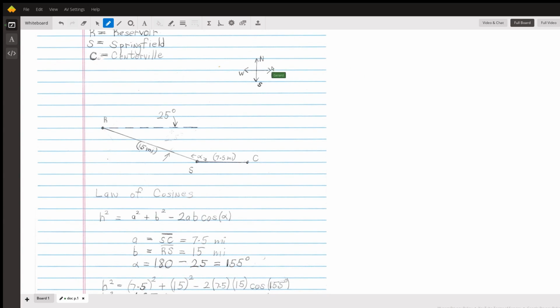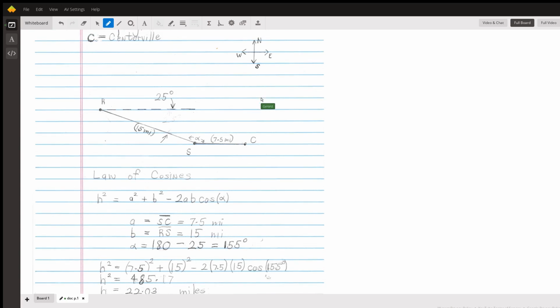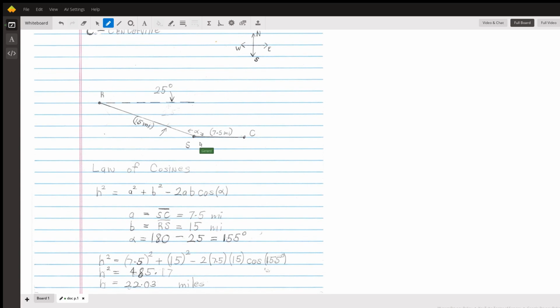Moving to our right here, you see the north, south, east, west diagram, which also is applicable to the diagram below here. So point R on the left represents the reservoir.